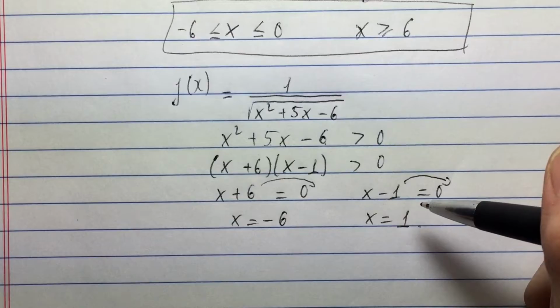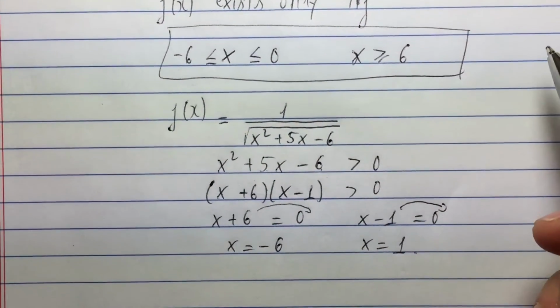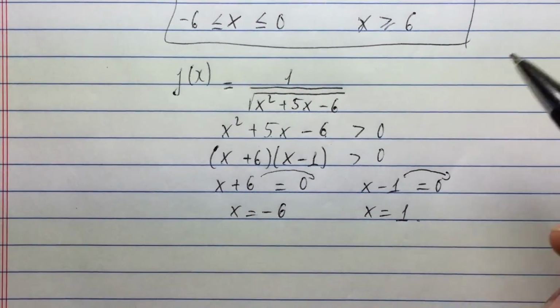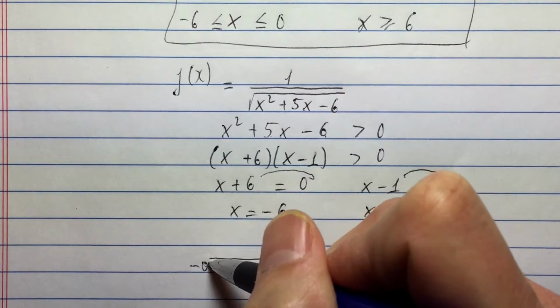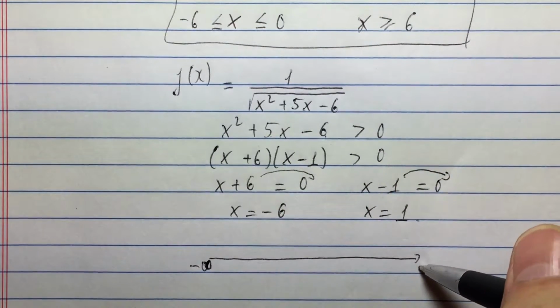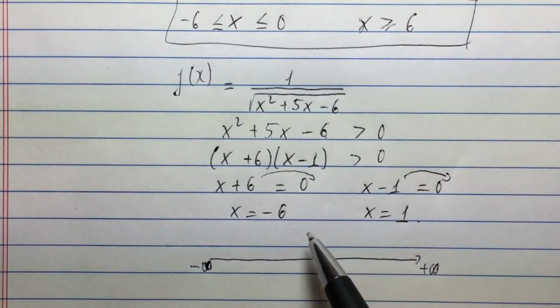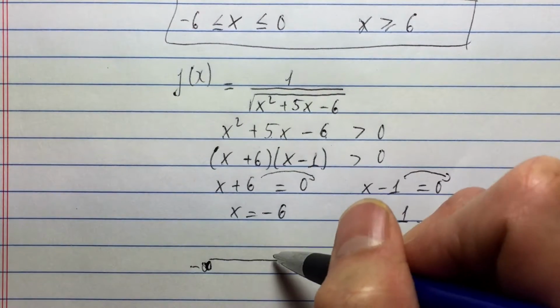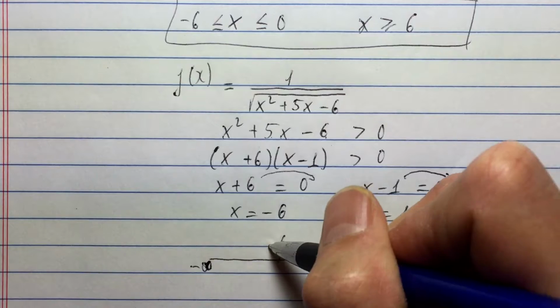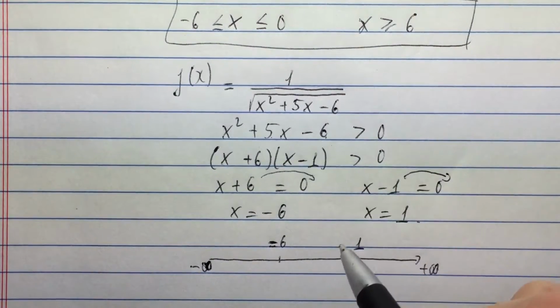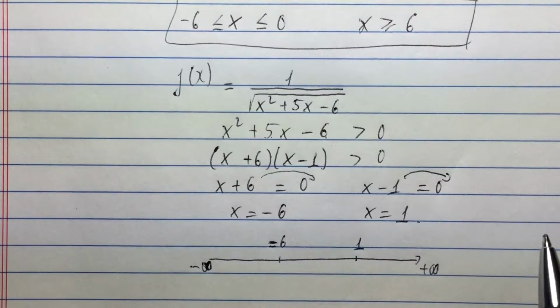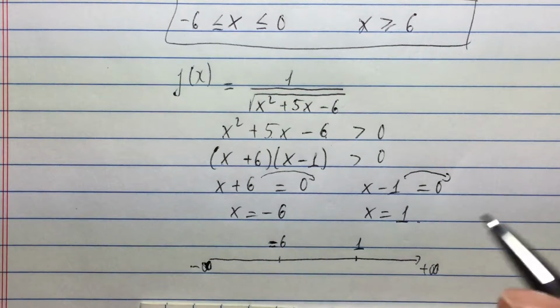Now I do the same thing as in the first example: I draw the x values from minus infinity to plus infinity. I have two values of x, minus 6 and 1. So now we have three regions.